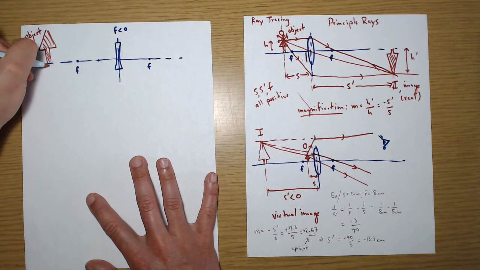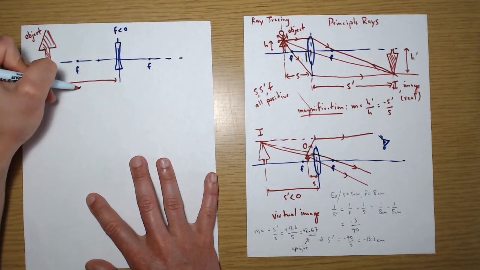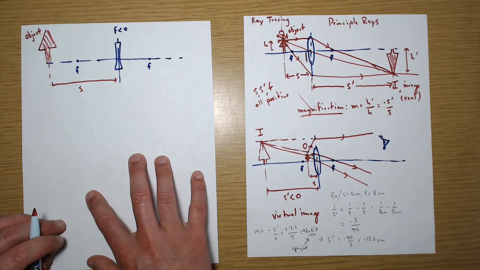And the object has a distance s. Now I want to figure out where is the image produced, using ray tracing by identifying my principal rays, and is that image real or virtual?